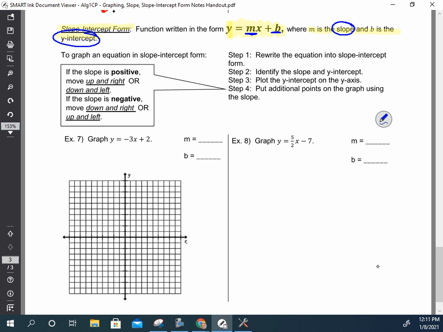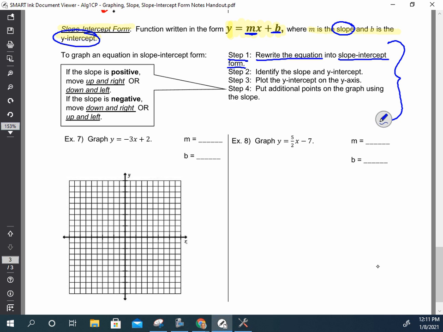Now, as far as the steps go, how to graph it. So all of the steps, if you don't want to write them, don't write them. But those are the steps that you will use for graphing with slope-intercept form. Step 1, rewrite the equation into slope-intercept form. Today, we will not worry about rewriting.